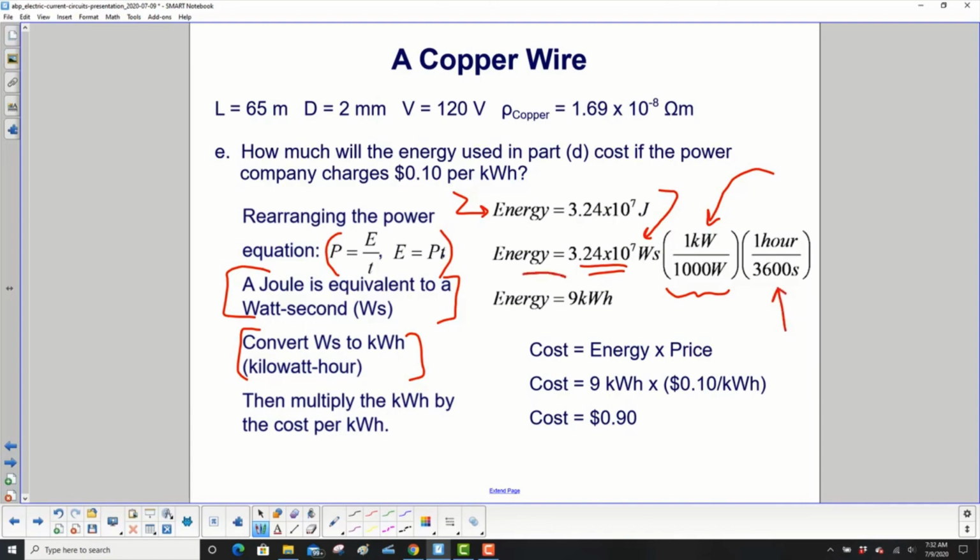Multiply everything through, and the energy is 9 kilowatt hours. We now multiply that by the price. There's 9 kilowatt hours, it's 10 cents a kilowatt hour. And the cost to run this light bulb for 30 days at 5 hours a day is 90 cents.